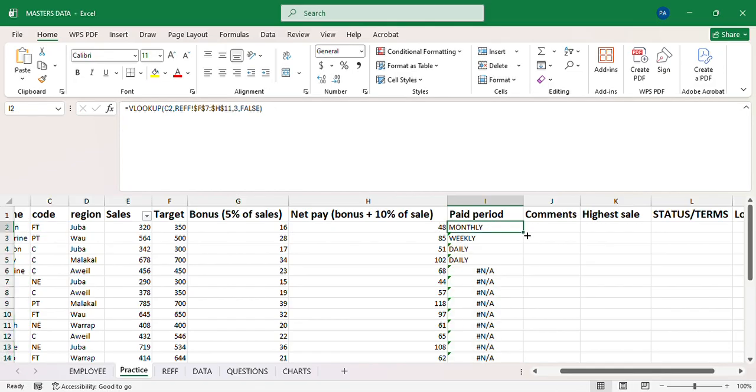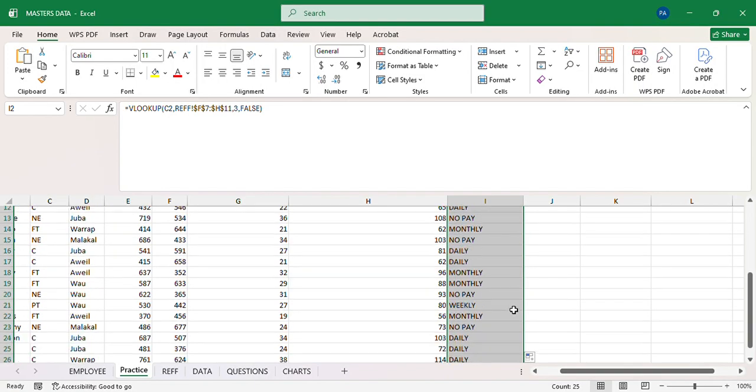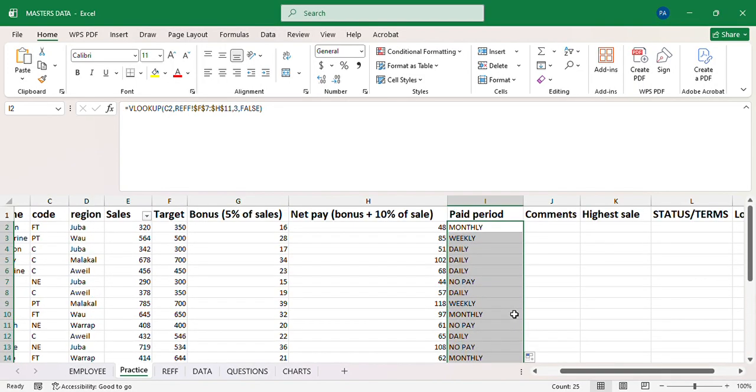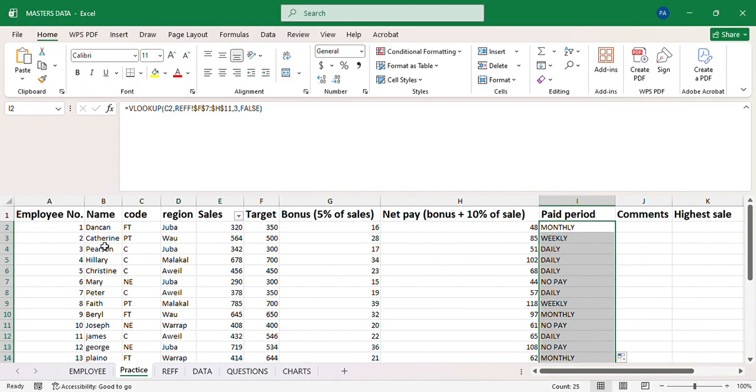Now drag it down. You can see now everything is ready. We can now know that this person, Duncan, is paid monthly because he is full time. You cannot pay full time weekly. Catherine is part time, so it is weekly.